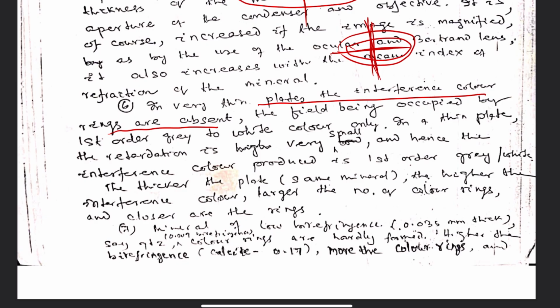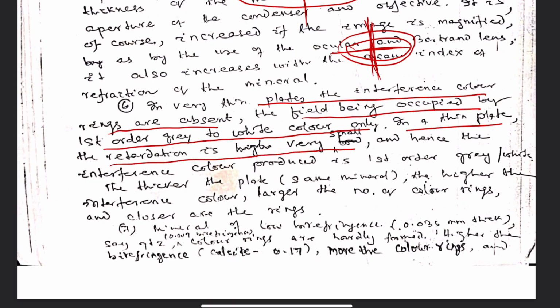Rings are absent if the mineral is very thin, the field being occupied by first order grey to white interference color only. In a thin plate, the retardation is very small and hence the interference color produced is of first order grey.